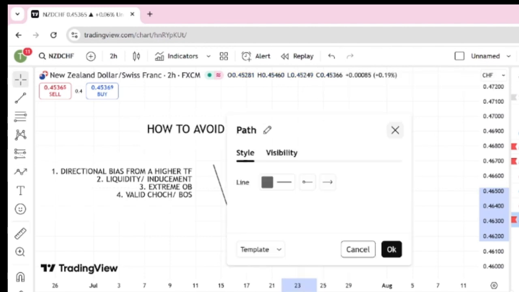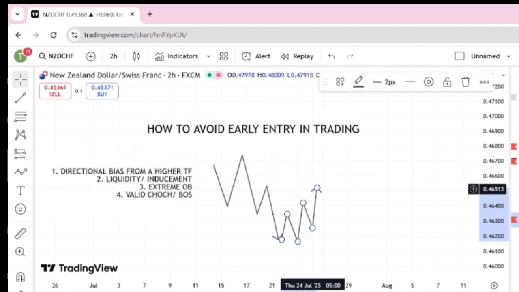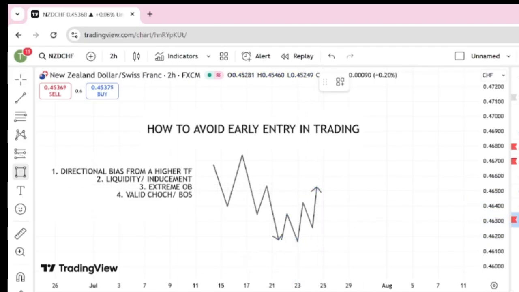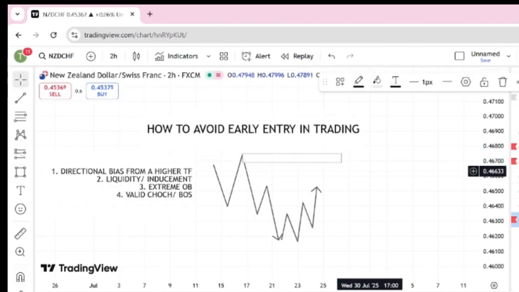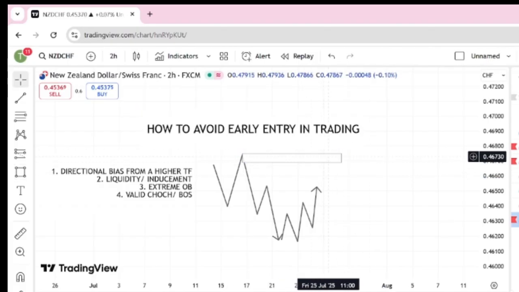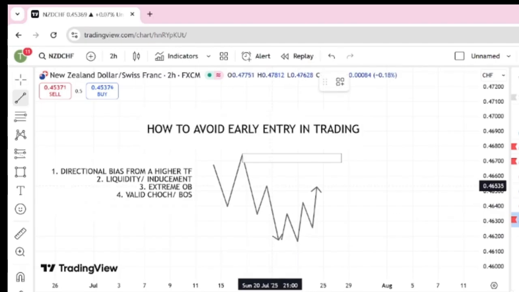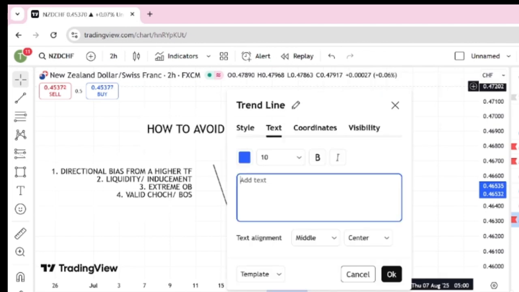A lot of persons will see this particular setup and anticipate that we are bullish, forgetting that from the higher time frame general bias, this is a supply zone, and this supply zone is still intact. So whatever you're having here is just internal price movement towards this point. What you want to see is price taking out this engineered liquidity, which can also be your inducement at that point.